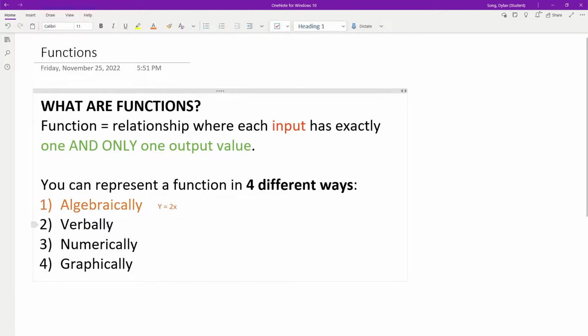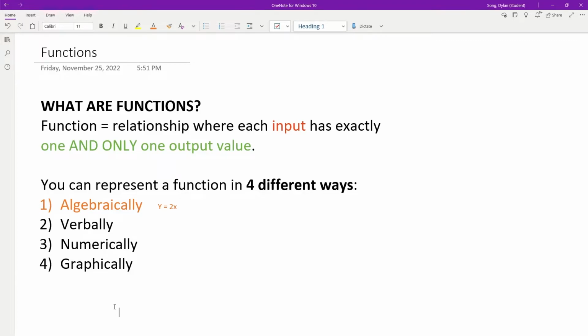And then to do it verbally, we would have to use words to describe this function y equals 2x. We can see that the y values are basically 2 times the x values, right?